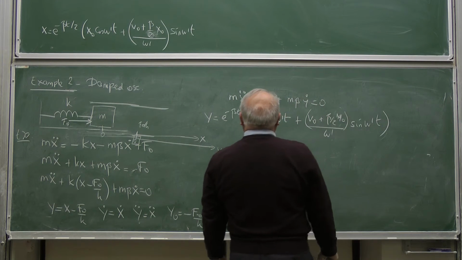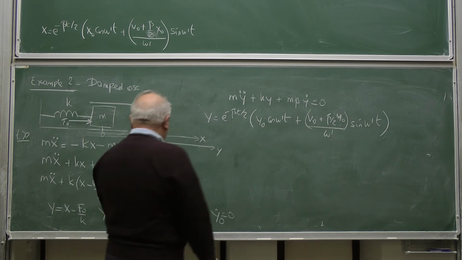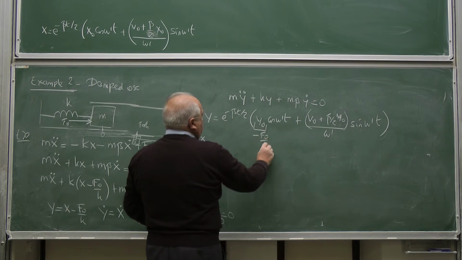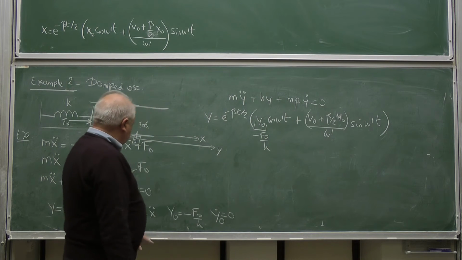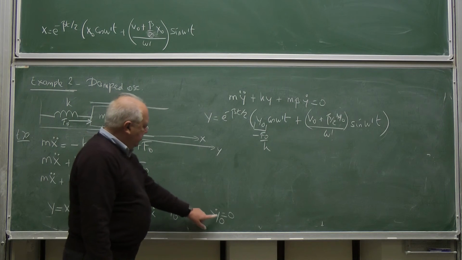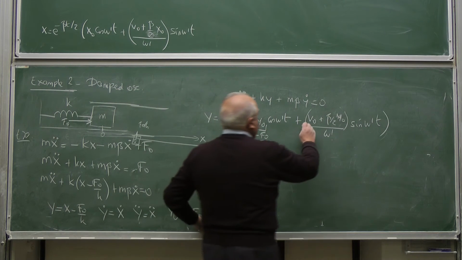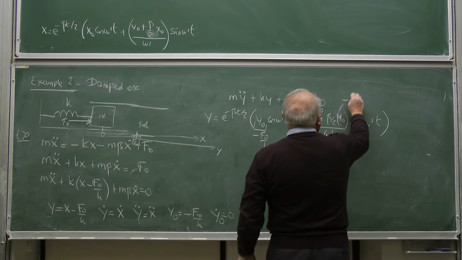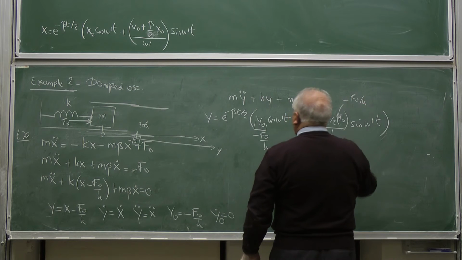And let us put the values. y0 is minus F0 over k. v0, namely y dot 0, is 0. And y0 is minus F0 over k.